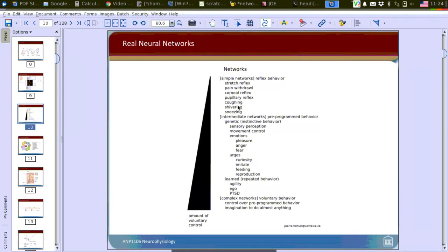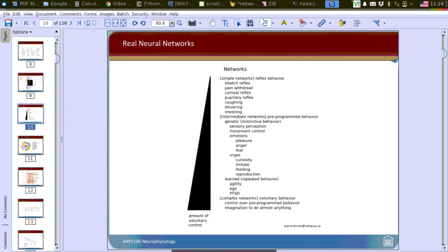If it's appropriate for intermediate networks, they will activate second. And if it's later on, it's always appropriate for the complex networks. So the order that these areas are recruited is first simple network, then intermediate network, and finally complex networks.